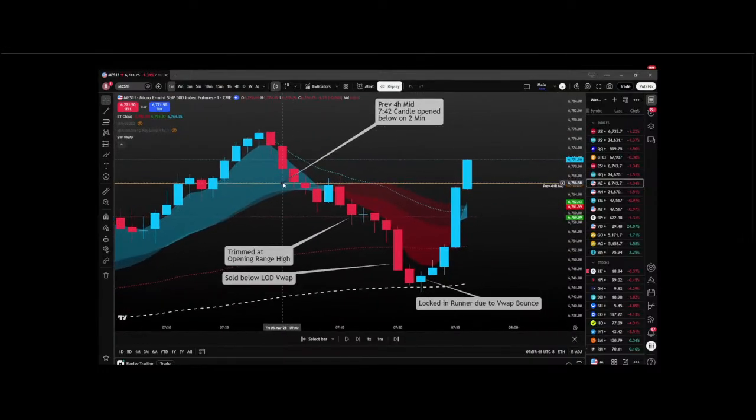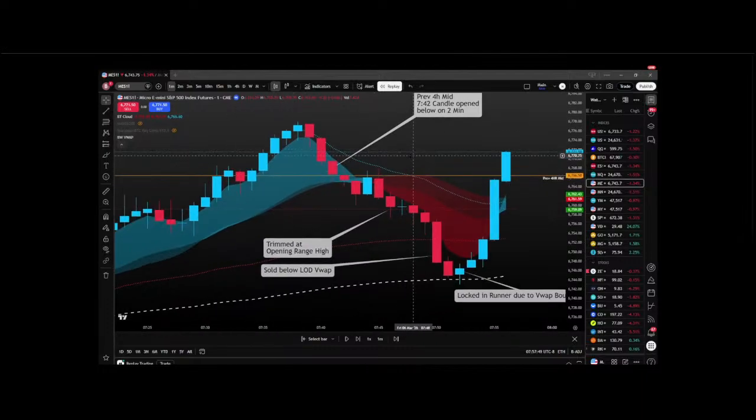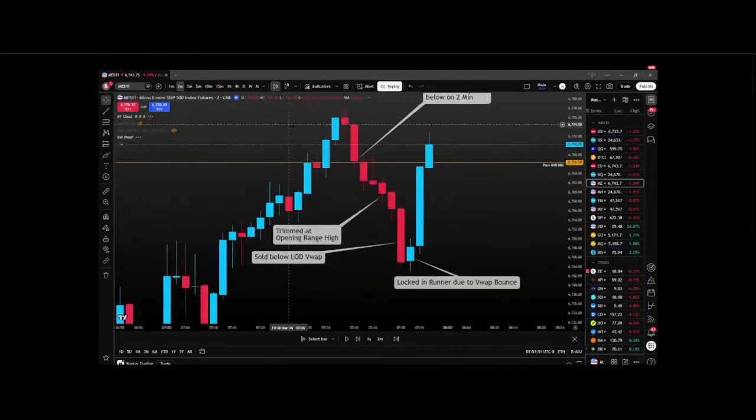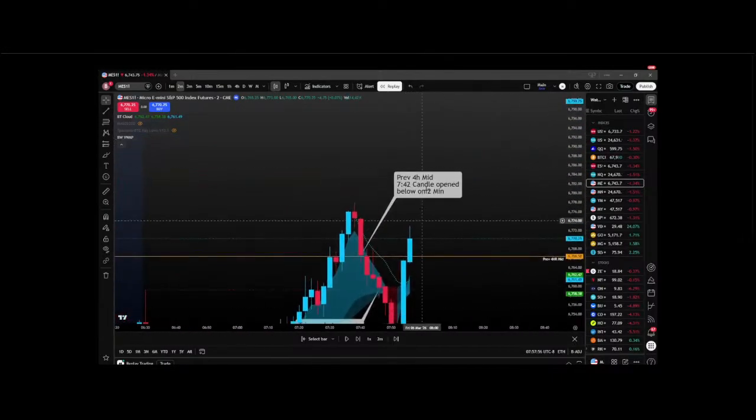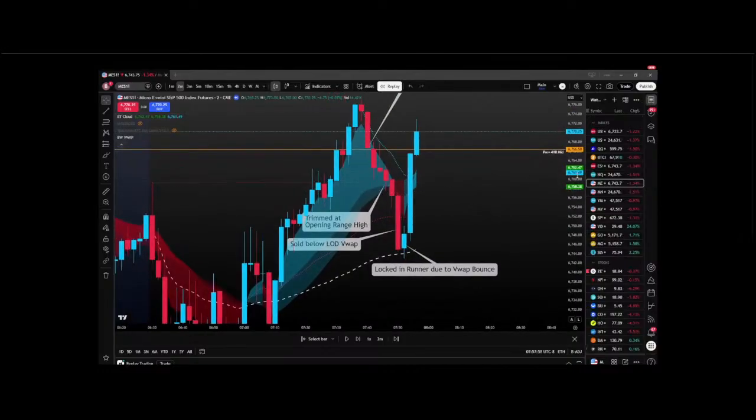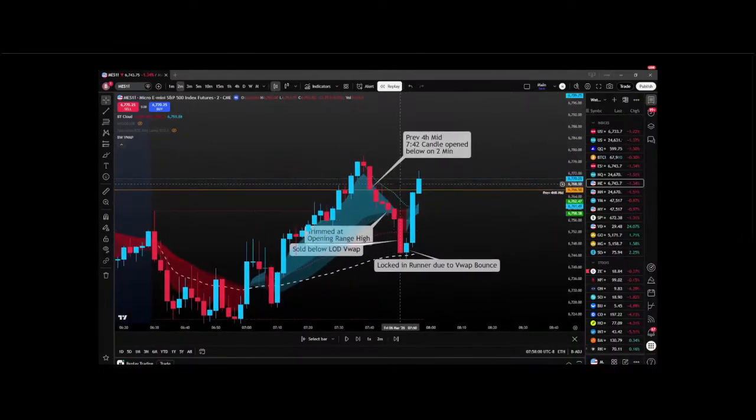I entered right here on the open of the previous 4-hour mid. We opened below it on the 2-minute, so this is my confirmation to get in. Like I said, we're ranging pretty well, and I wanted to get into the 4-hour.